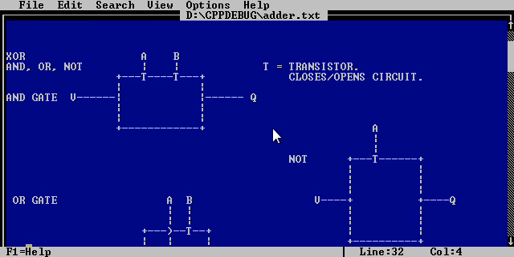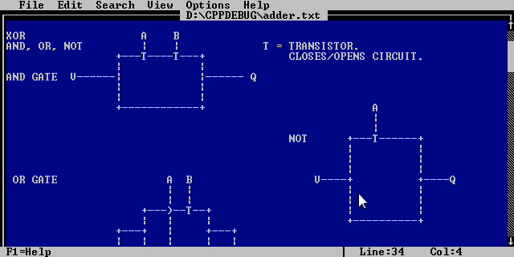Well, over on the right here is not. Basically, it's a transistor. Here's the voltage supply. And a transistor is like a switch. Somebody came along and invented a way where if you supply a voltage to an electrical unit, it can close a switch or open a switch.